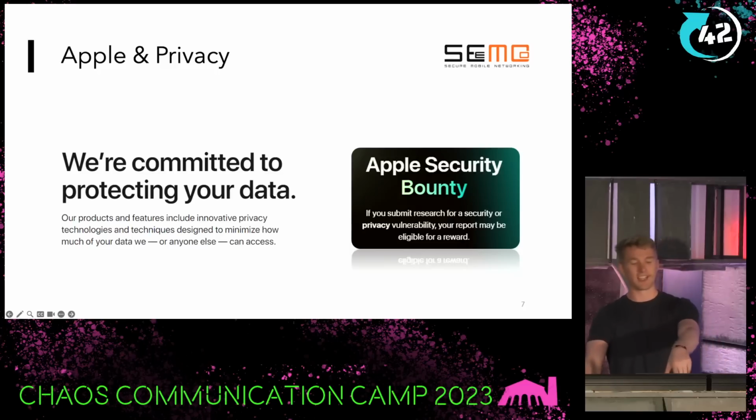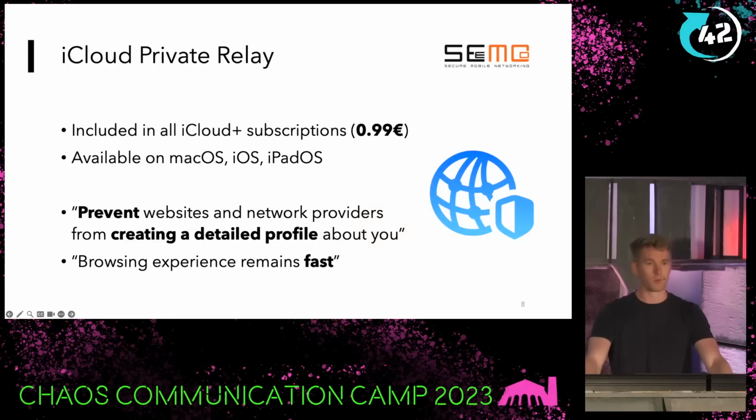However, if you read it very closely, it also pays you for privacy vulnerabilities. So privacy is that important for them that they even pay you money if you find some vulnerabilities inside of it. With that strong privacy focus of Apple in mind, they invented their iCloud Private Relay.